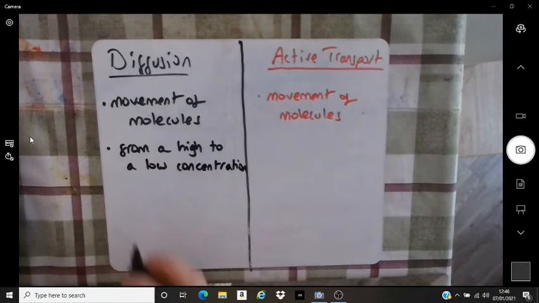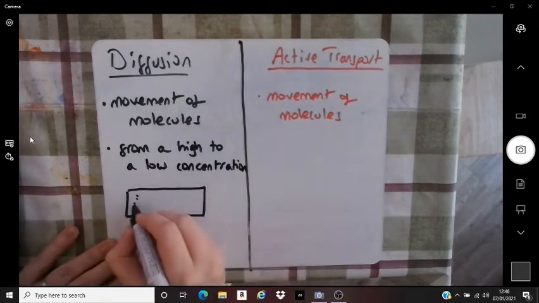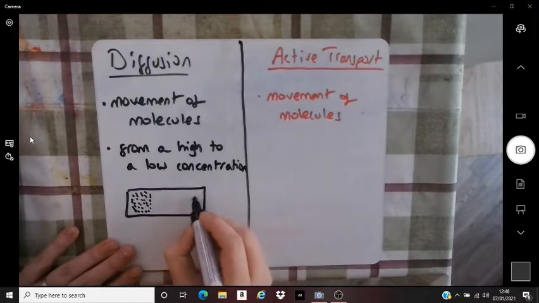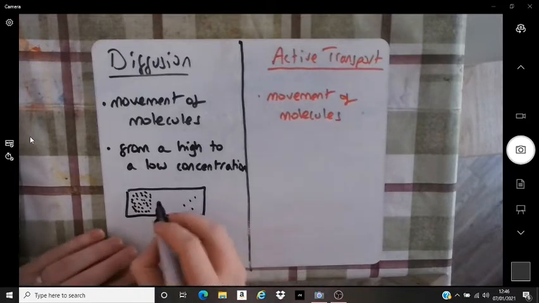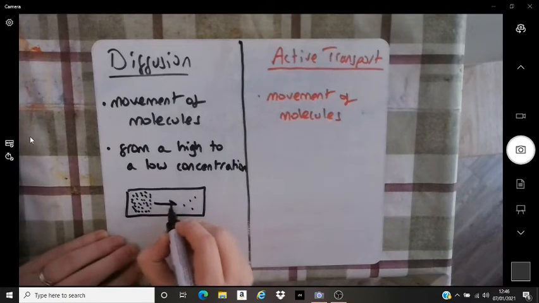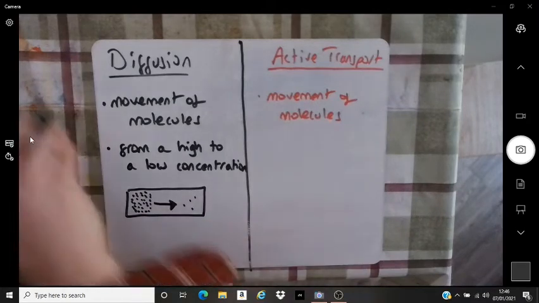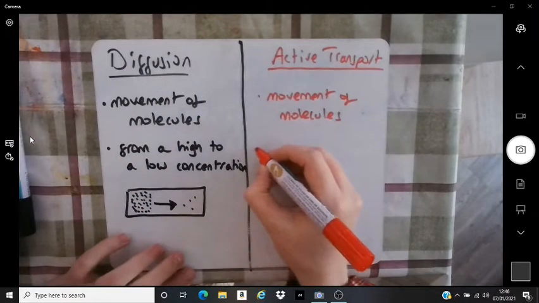So if I very swiftly draw what that could look like, if we have a high concentration of molecules on the left-hand side of this box and a low concentration on the right-hand side, diffusion would dictate that the molecules would move towards the lower concentration. Active transport, the reason why it's really good to compare, is the opposite.